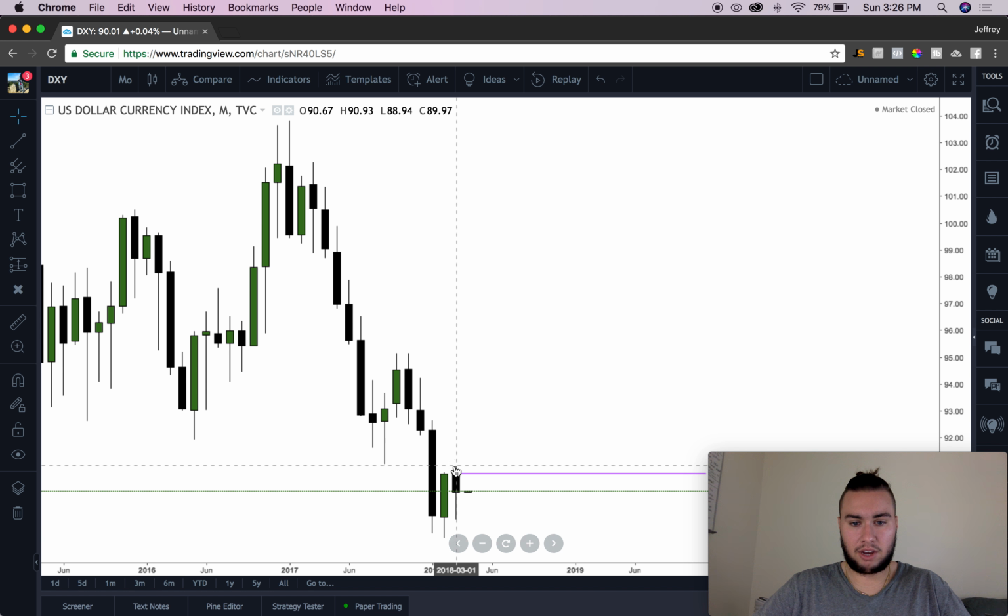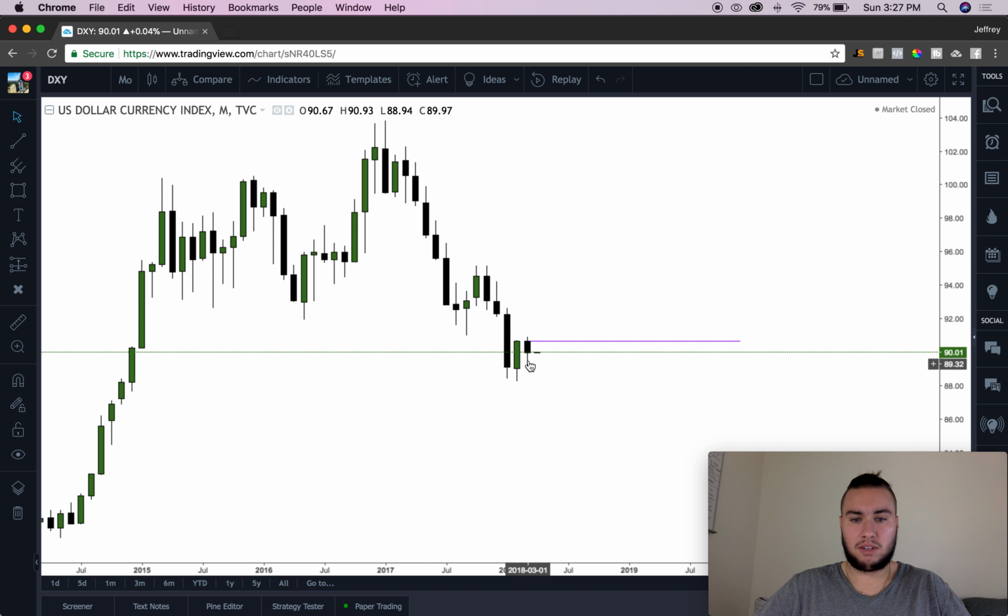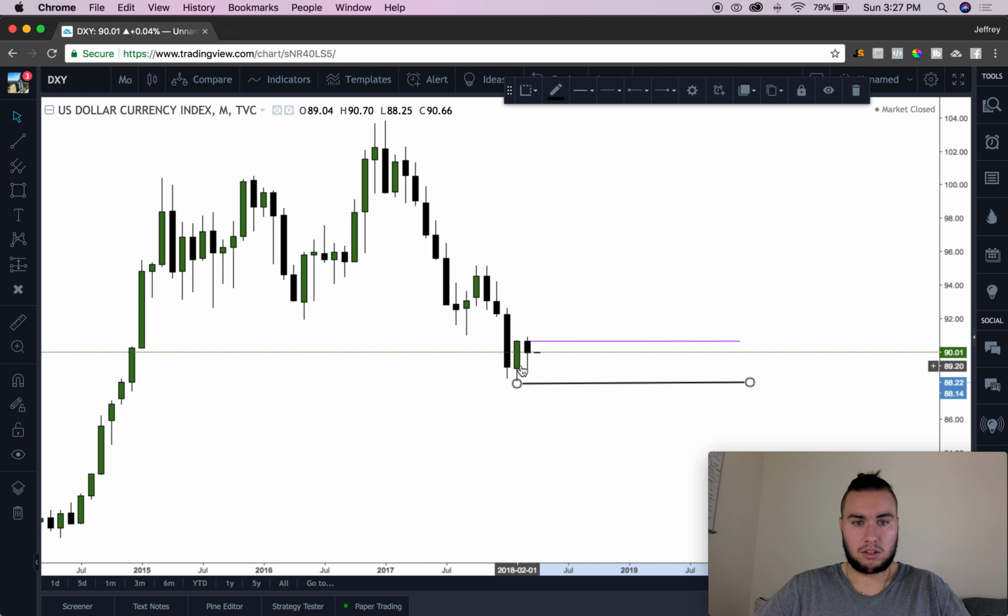A lot of times the market makers will take this type of candle, this wick, and a lot of people think it's a low forming in the marketplace when in reality it's just a fake low, and then ultimately they take price lower. So the next objective for the downside on the dollar index that I'm looking for is this low, which comes in at 88.25.